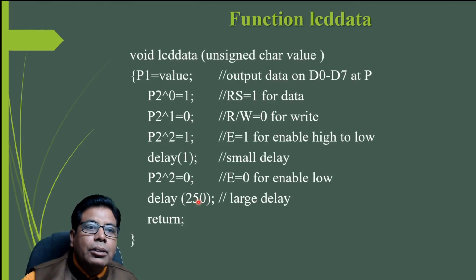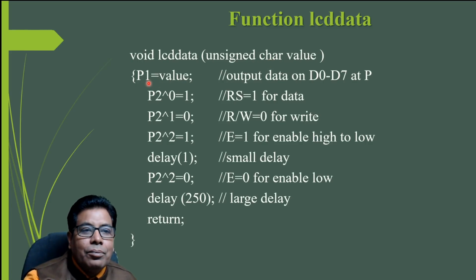Then let us go to the function LCD data. In this LCD data we are passing the unsigned character value. So first we are passing H, whatever is the value we are passing, the value will be going to port 1. So output data on D0 to D7 at port P1.